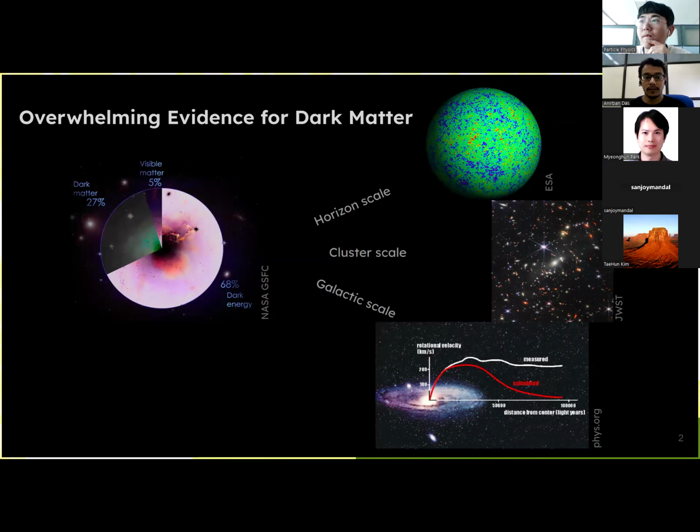To begin with, we have evidence of dark matter at various different length scales in our universe. We start from the small galactic length scale, seen in our Milky Way and many other Milky Way-like galaxies, which shows a clear discrepancy between the observed rotation velocities of the stars around the center and the calculated ones, which assume ordinary Keplerian gravity.